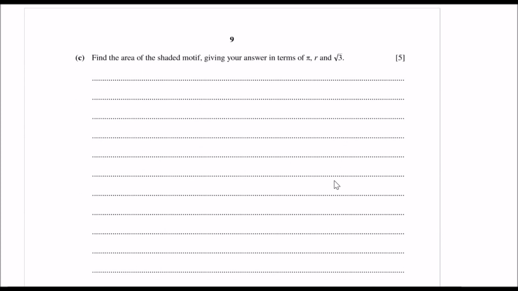Okay. Now find the area. We have already worked on the diagram. Now we need to find the area of the shaded motif, in terms of pi r and root 3.